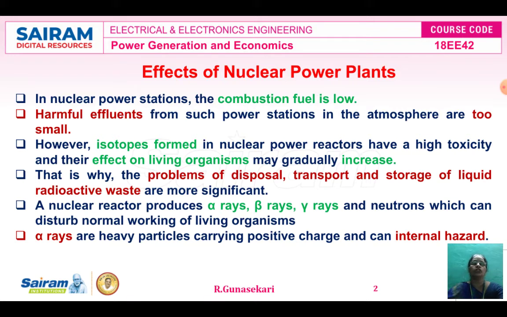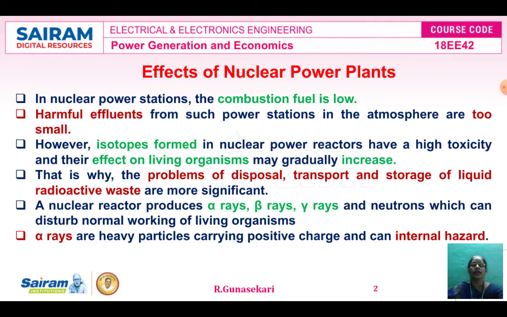Therefore, the isotopes formed in nuclear power reactors have high toxicity and their effect on living organisms may gradually increase. That's why the problems of disposal of radioactive materials, and transport and storage of liquid radioactive waste, are more significant.